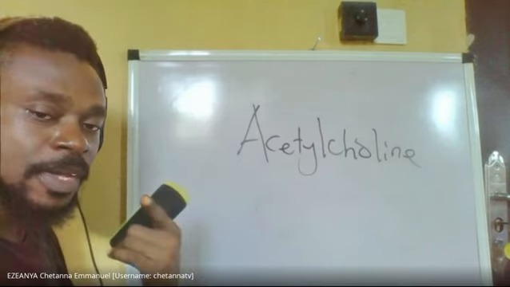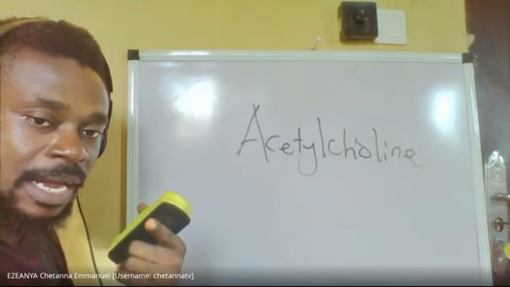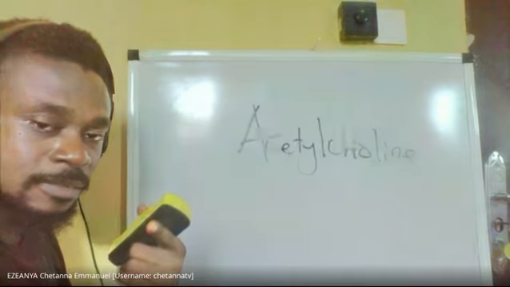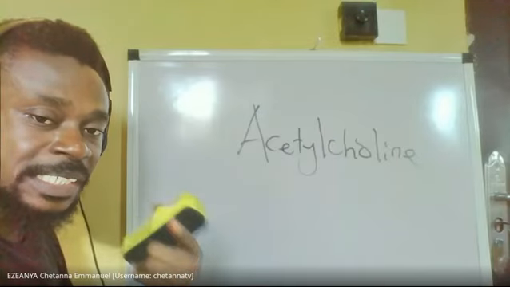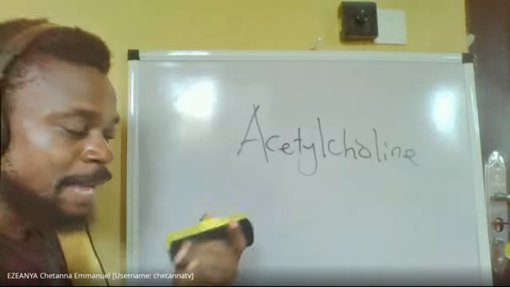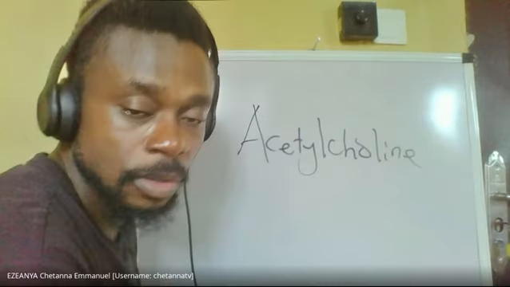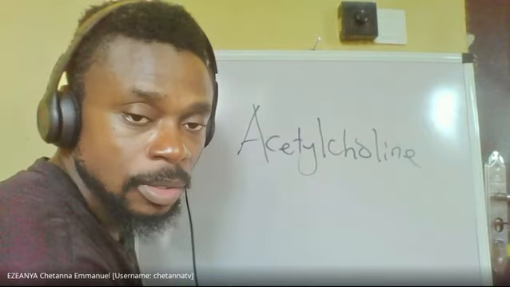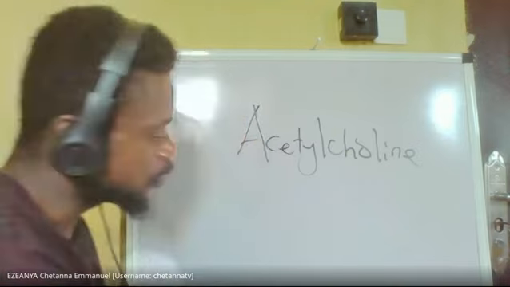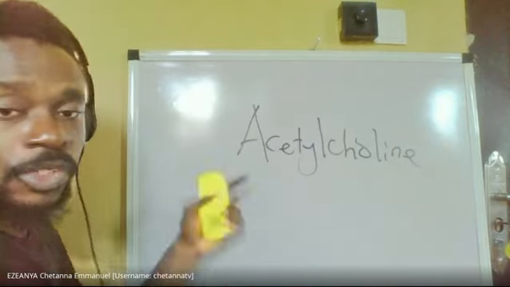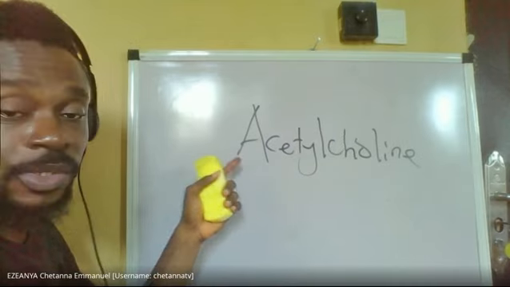Remember in our last two classes, we did competitive antagonism, where an antagonist goes and blocks the receptor. Please go back to your course material. So they block the acetylcholine receptors.